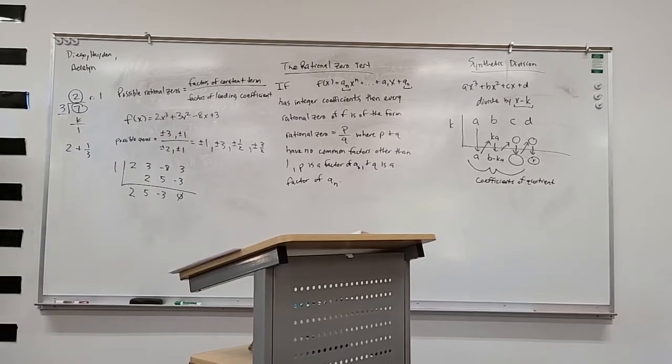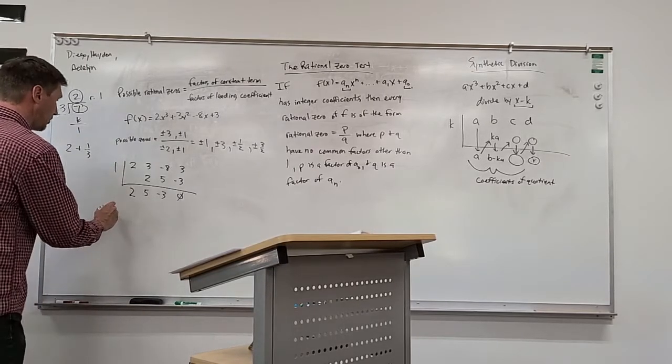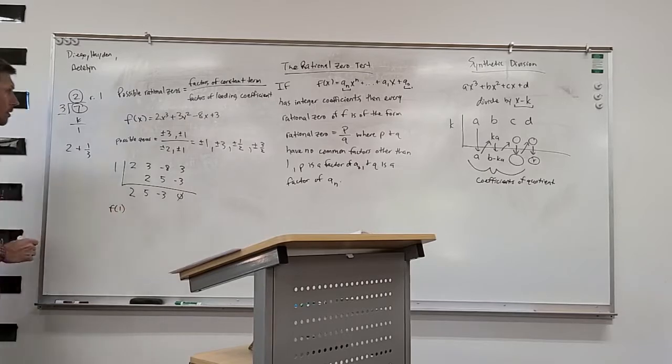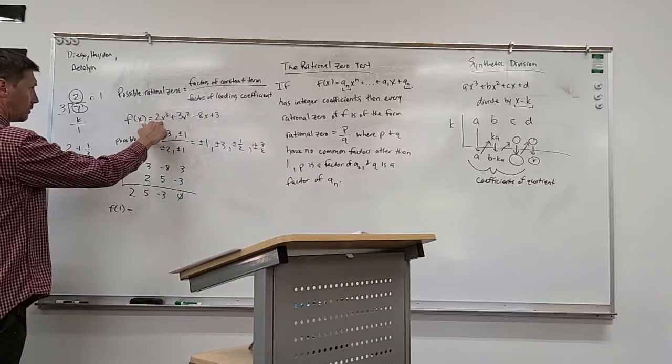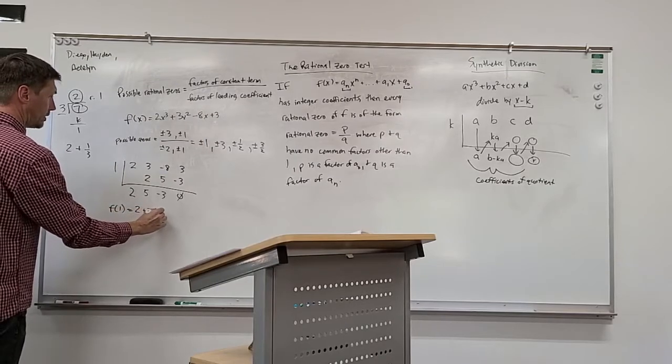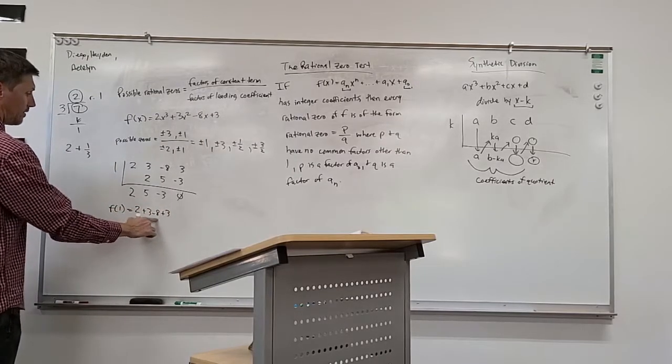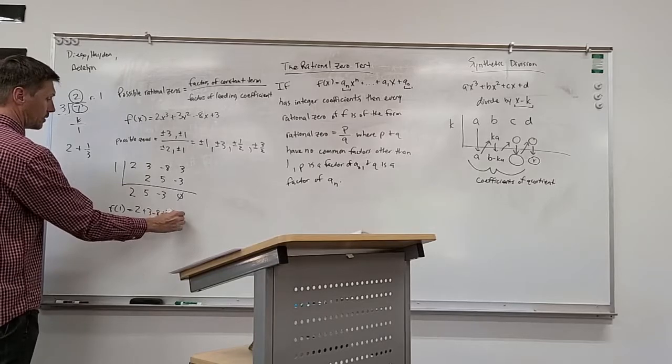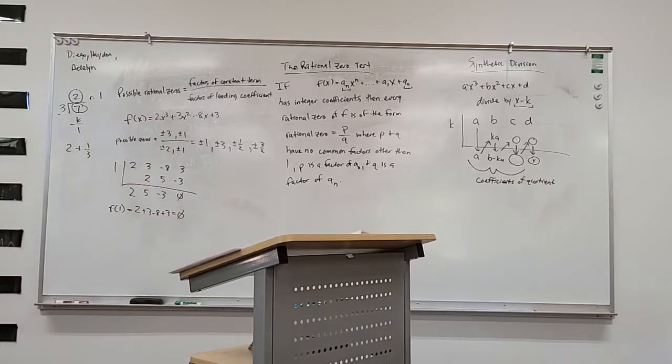Or, like Adeline said, we just plug in. What is f of 1? If we plug in 1 for each of our x terms, we get 2 plus 3 minus 8 plus 3, and that's 5 minus 8 is -3 plus 3 equals 0, right? So either of those methods would work, and that tells us that 1 is a zero of this function.